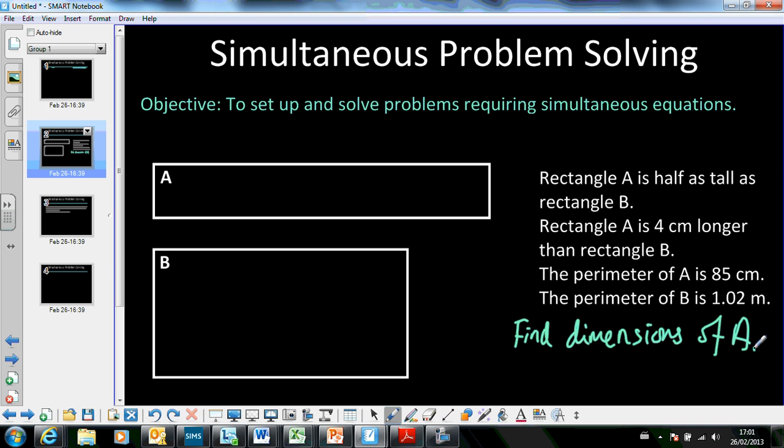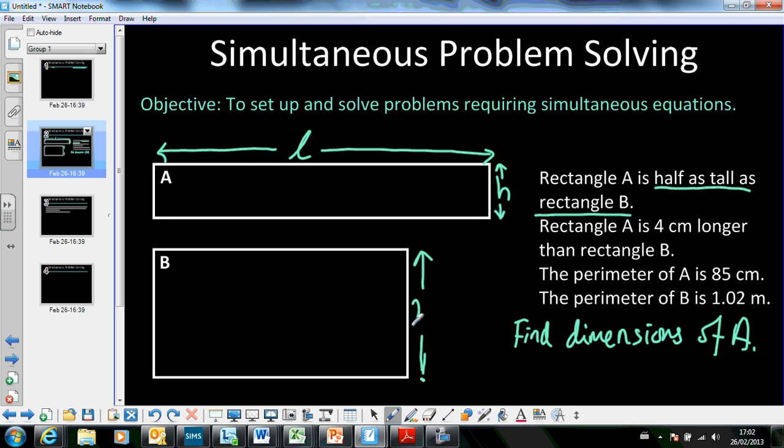So I'm going to give the dimensions of A names. I'm going to call this the height, I'm going to call this the length, so H and L. And I can write similar things for B because I know rectangle A is half as tall as rectangle B. So if rectangle A is H tall, rectangle B is twice as big, 2H.